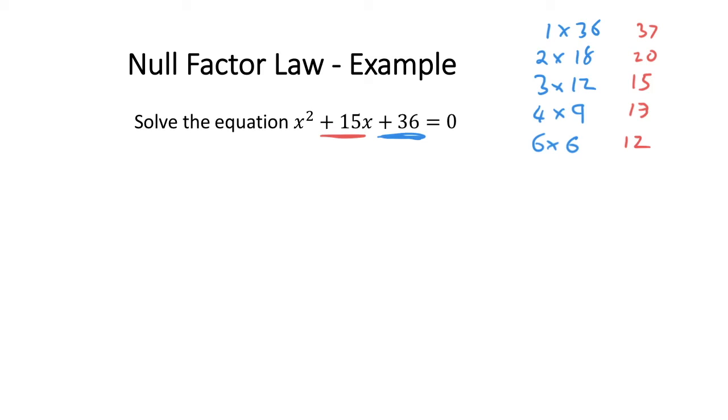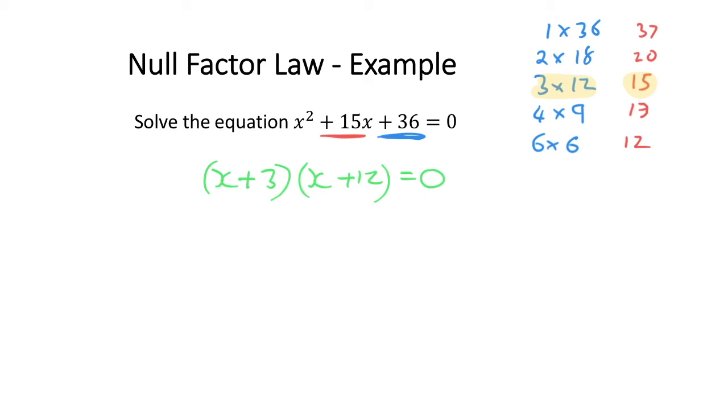So going through having a look, I can see that 3 and 12 are going to add up to give me 15. So my factor pair that I'm going to use is positive 3 and positive 12. So writing it in factorized form is going to be x plus 3, x plus 12 is equal to 0.